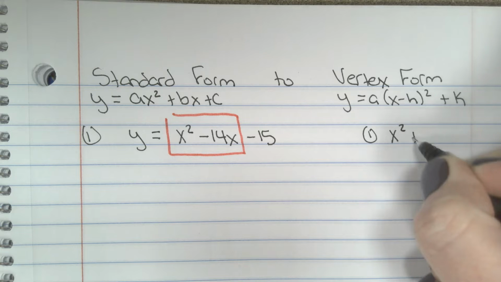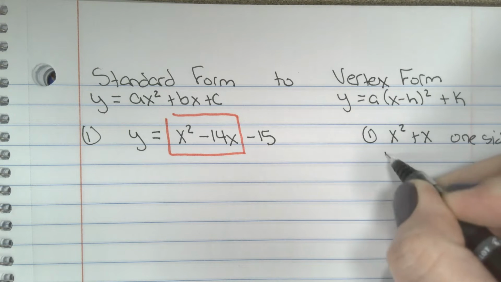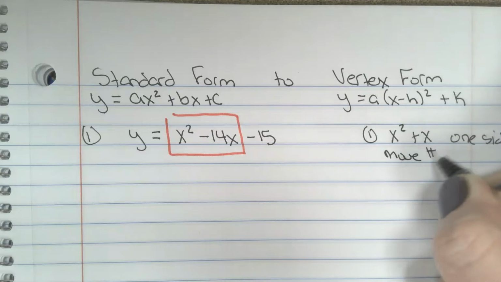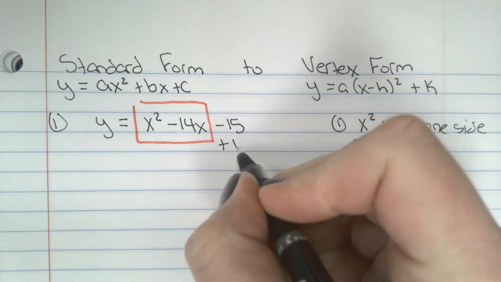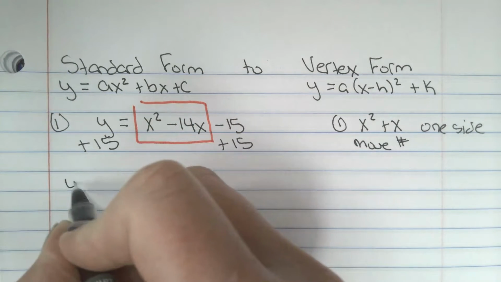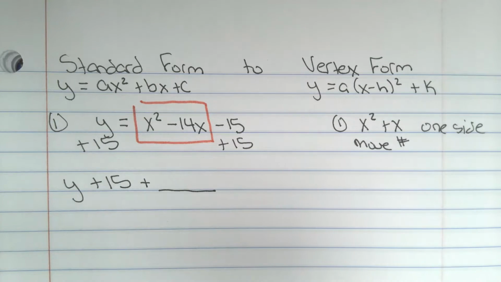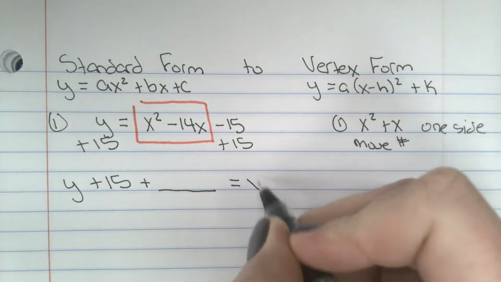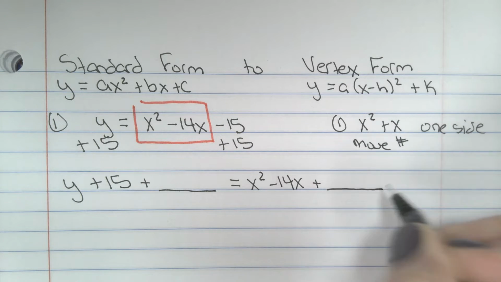I'm going to have x squared and x on one side, and you're going to move the number to the other side. So we're just going to go plus 15 to both sides. Y plus 15 plus blank equals x squared minus 14x plus blank.